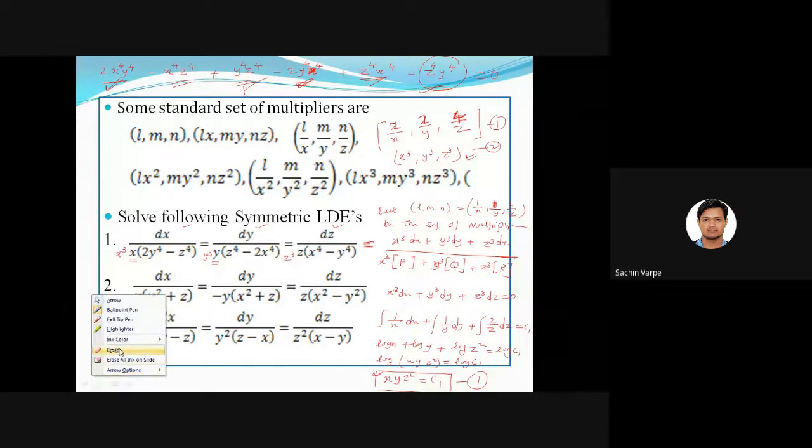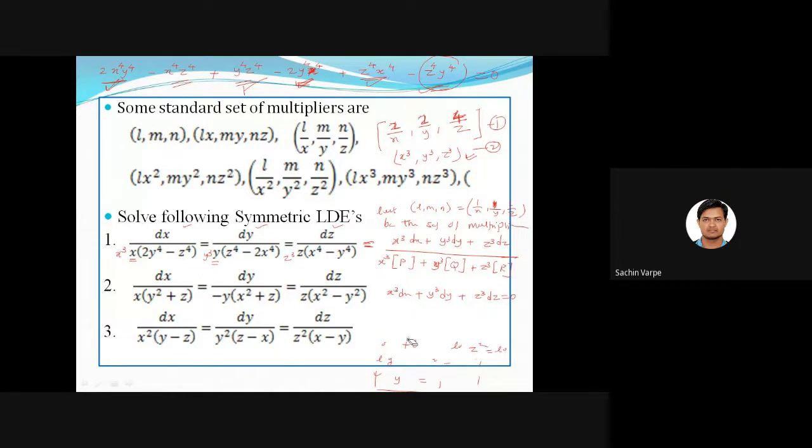So what will be the solution here then? This integration gives x raised to 4 by 4 plus y raised to 4 by 4 plus z raised to 4 by 4 is equal to C2. That will be 4C2, and that is completely independent of the first one.